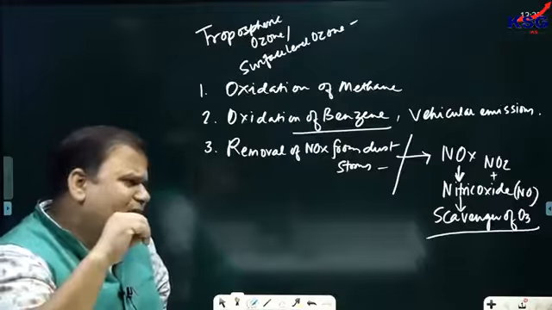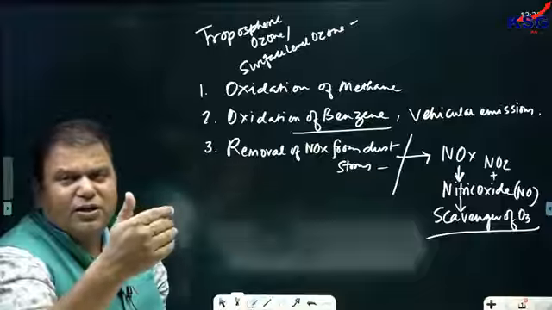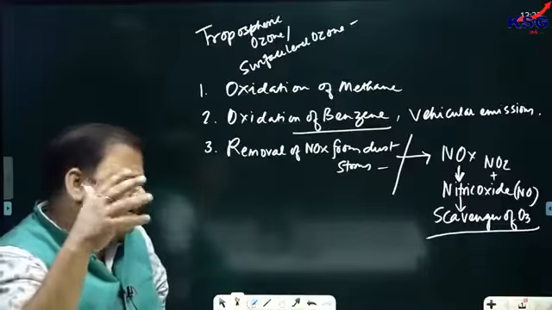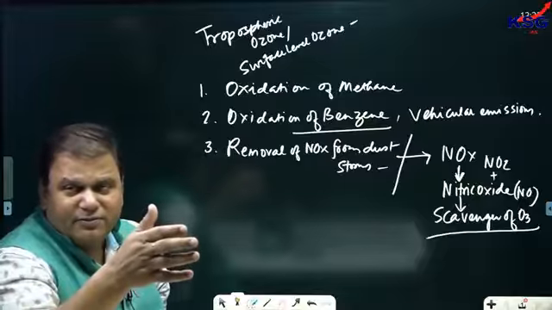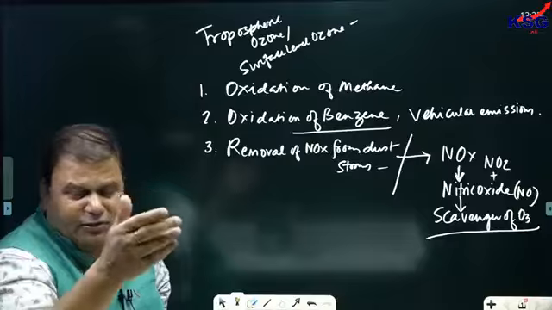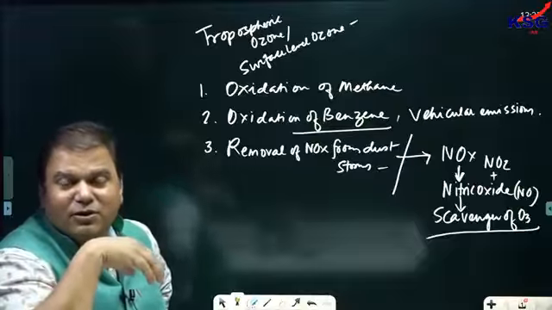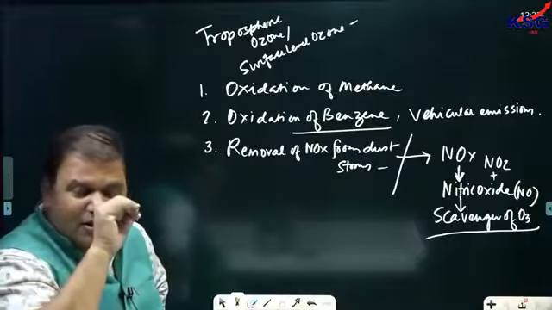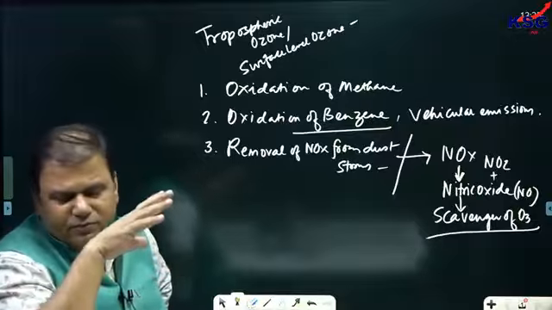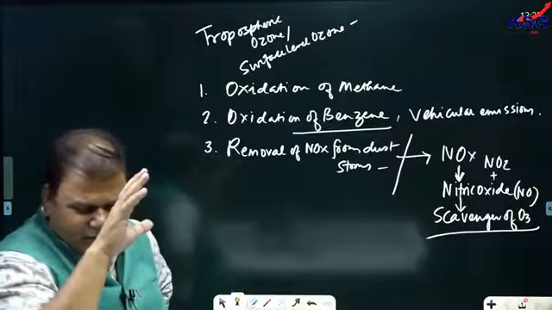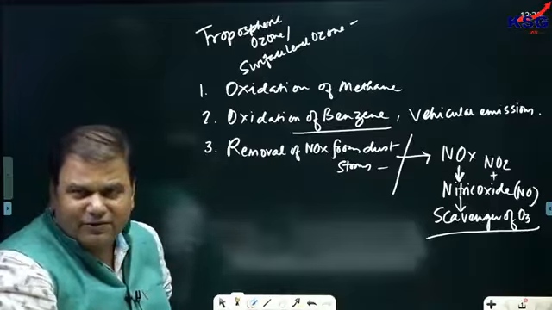So we can see in the 1950s, the thickness of ozone layer over Antarctica was roughly about 280 to 320 Dobson unit. Now it drastically reduced to 136 Dobson unit in the year 1985.